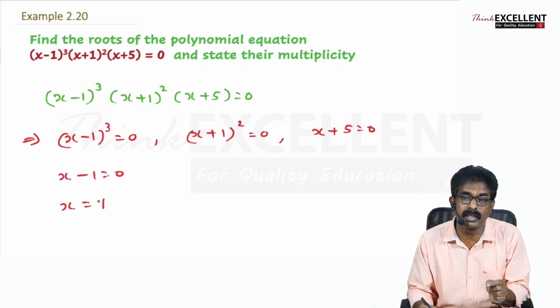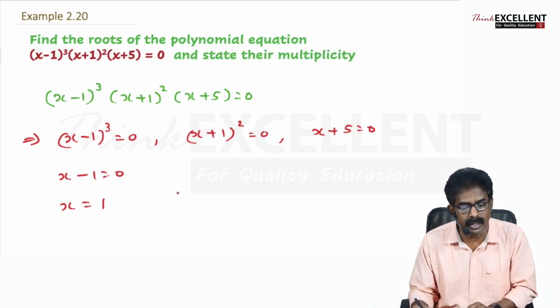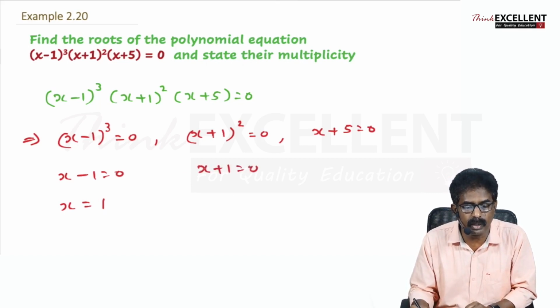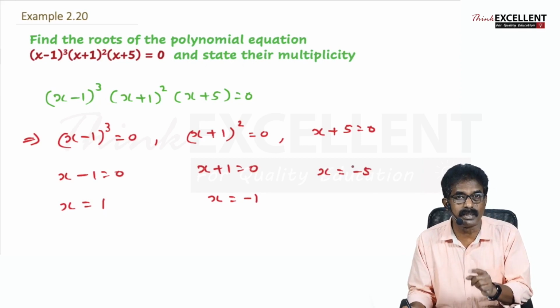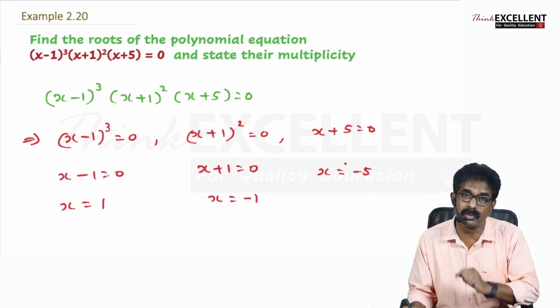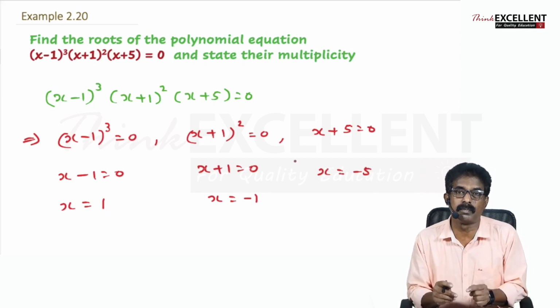How do you know multiplicity 3? Because the power is 3, right? So final answer while writing, we write like that. Here x plus 1 equal to 0 or x is equal to minus 1 is a root with multiplicity 2. And the last one, x is equal to minus 5 with multiplicity 1, and that is called simple root. Simple root means the multiplicity is what? 1.